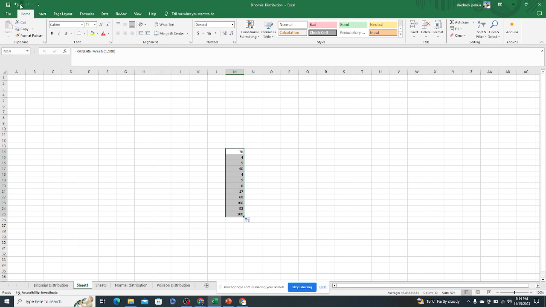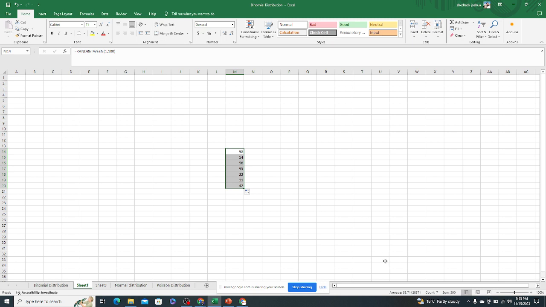You can see if we try to change, the random numbers do change. So you'll have to use the formula once, otherwise it will keep generating other values.